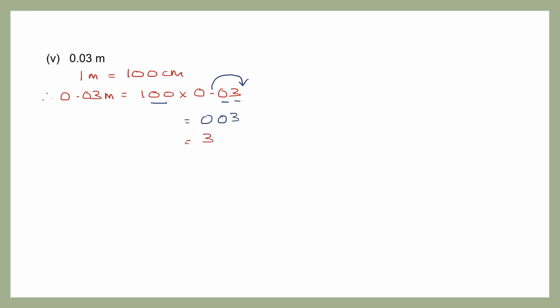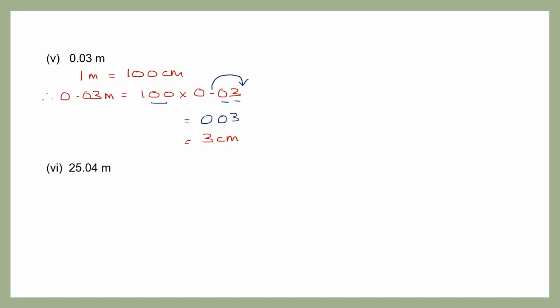Next question, 0.03 meters. So, 1 meter equals 100 centimeters. Therefore, 0.03 meters will be 100 into 0.03. Two zeros, point will move 2 places to the right and come here. So when I move my point, this is what I get, 003.0. I can write it simply as 3 and write the unit centimeters.